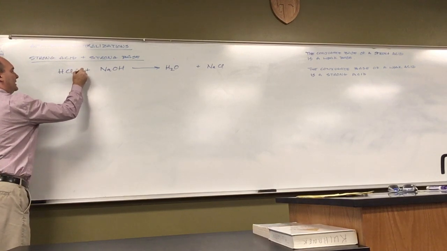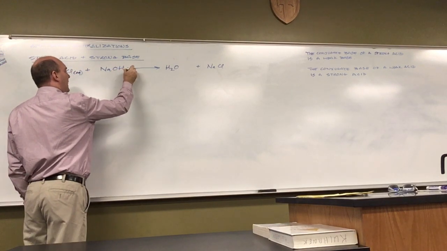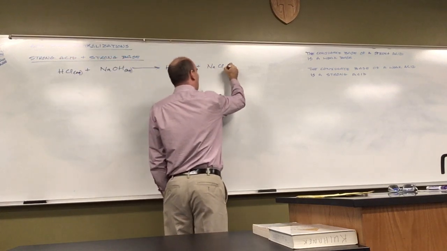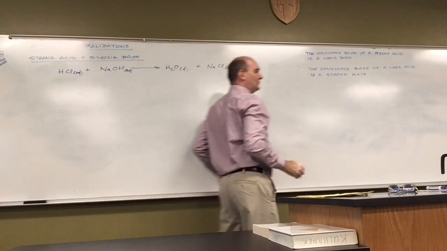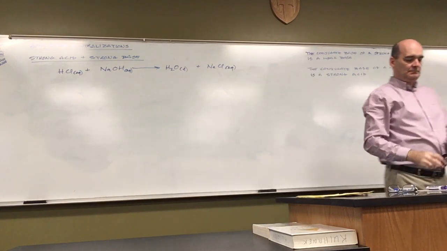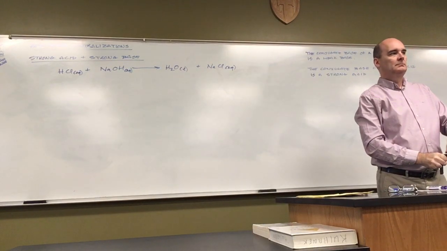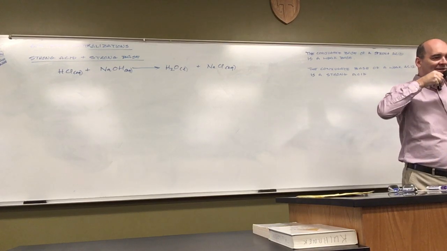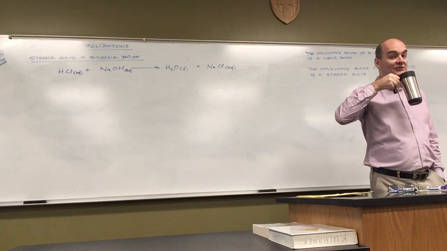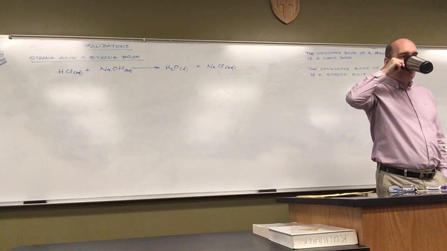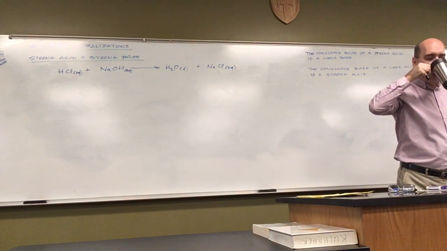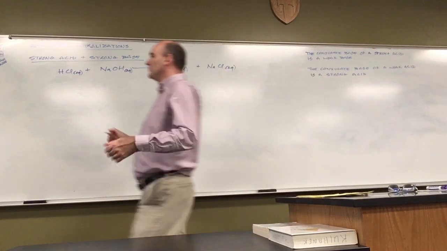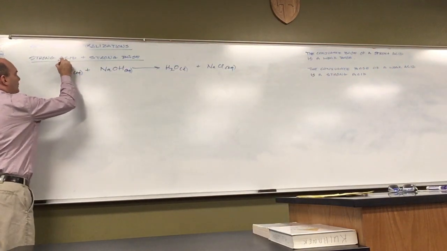My HCl is in aqueous solution, my NaOH is in aqueous solution, my H2O is in L, my NaCl is in aqueous solution. Acid plus base makes water plus salt. That's a generality that is going to hold true.